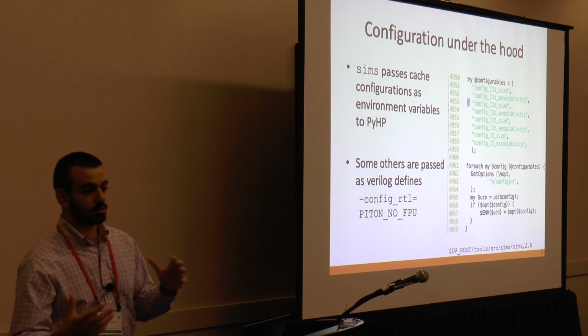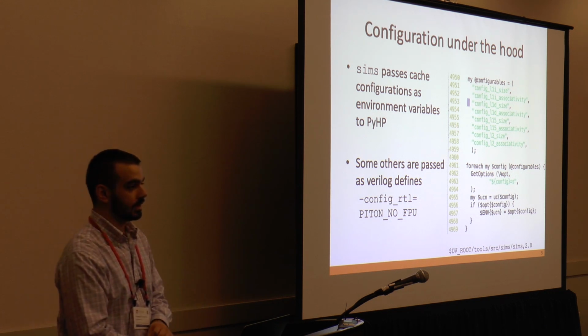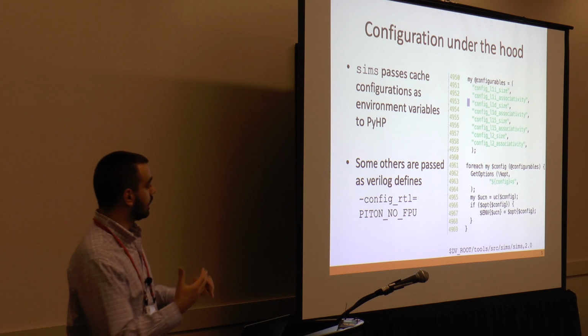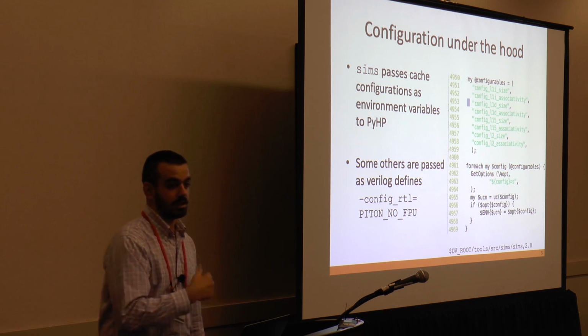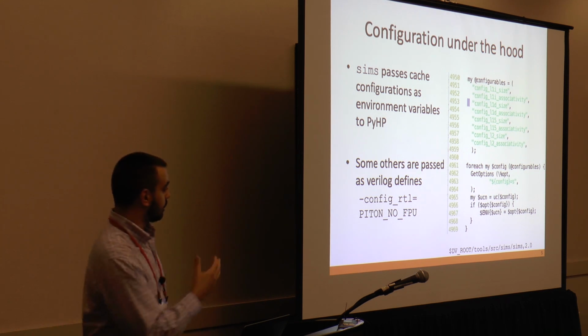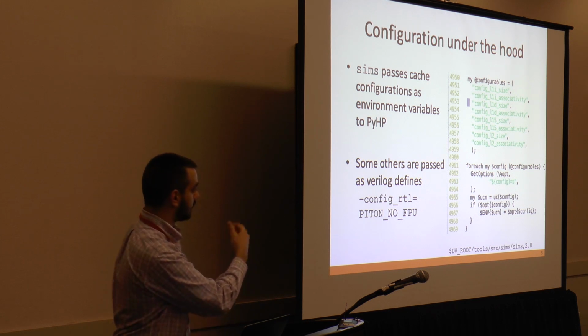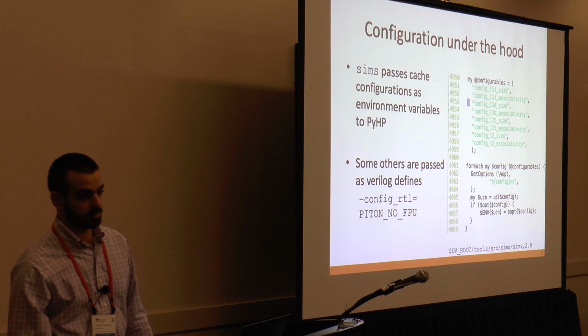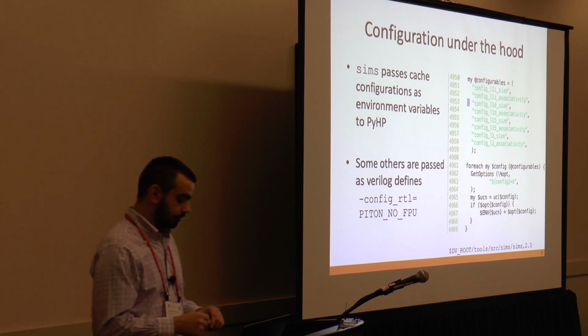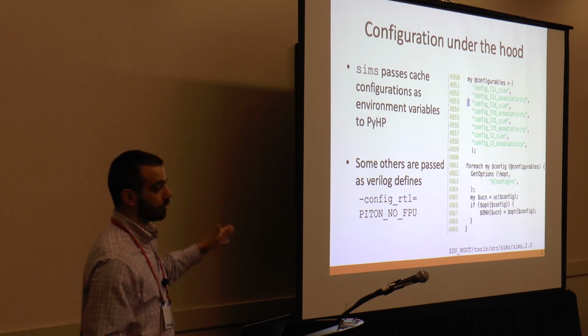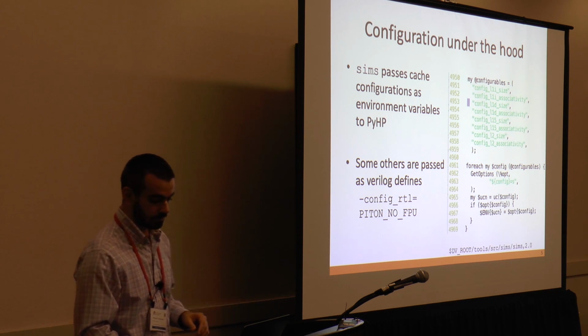Otherwise, if you import a new design, your design in OpenPiton, and maybe you have Verilog defines that enable different things, you can do that by passing the Verilog defines with a specific configuration. You can do dustconfig RTL and put your own Verilog defines to configure your component or other components that already exist in OpenPiton.